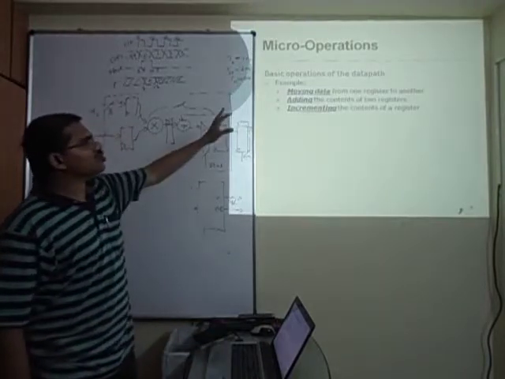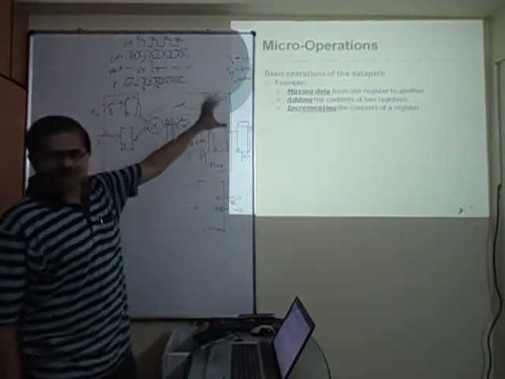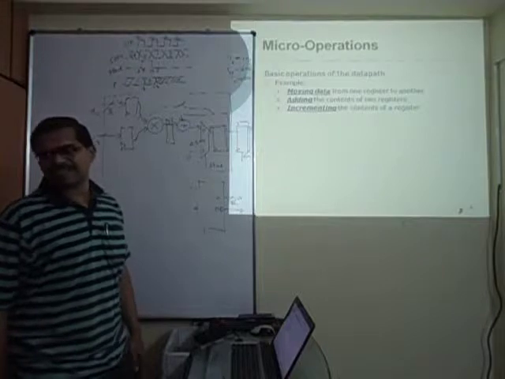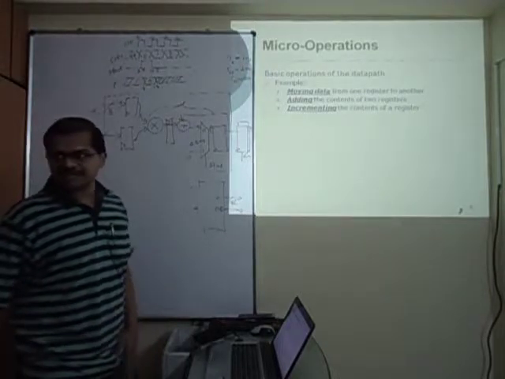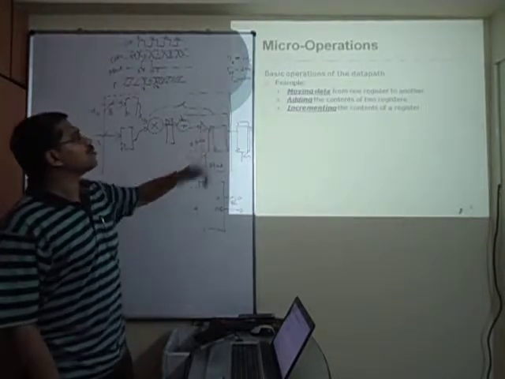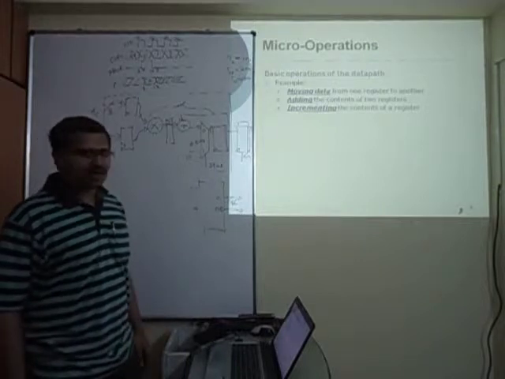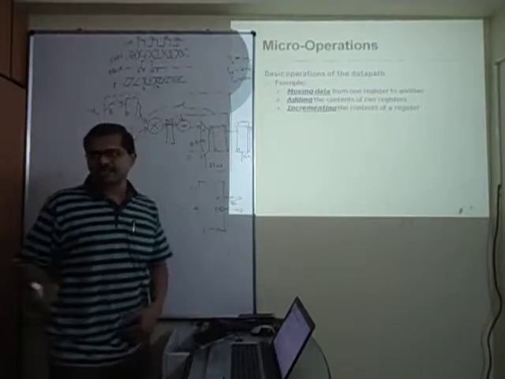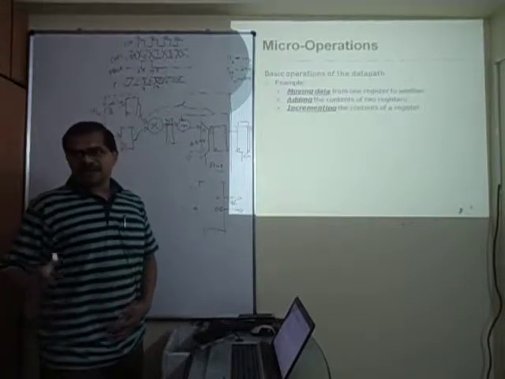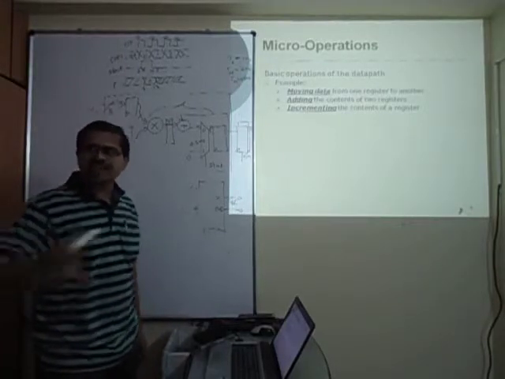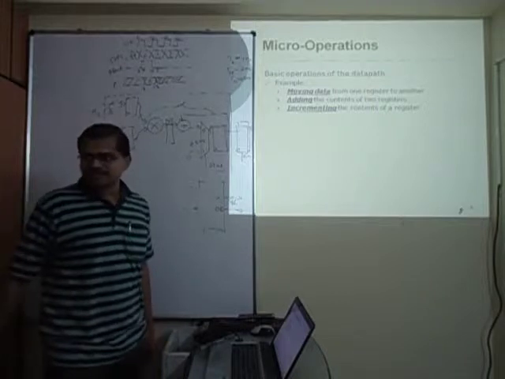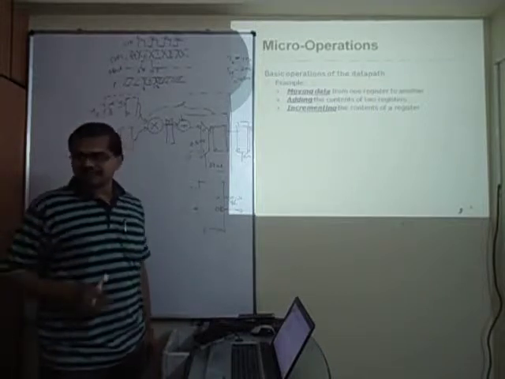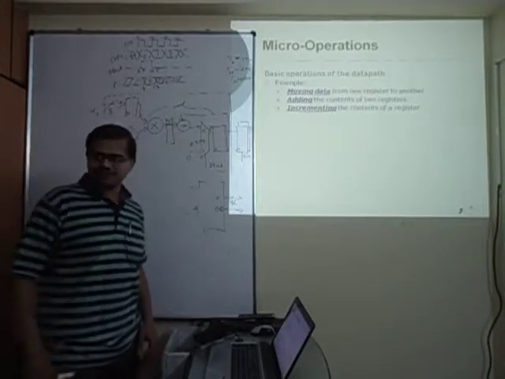So what do we mean by micro operations? This comes in only in the context of processor based design. When you are implementing simple signal processing algorithms, you don't come across micro operations. In processor based design, when you want to do y = a + b, the registers connected to the adder may not be a and b, it may be a and c, so you have to move b into c.